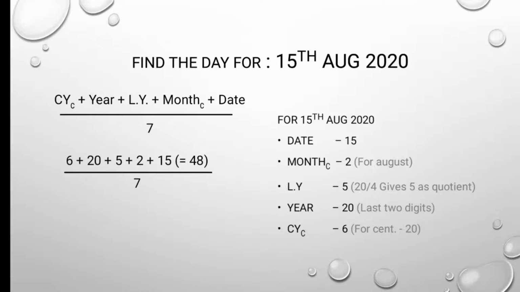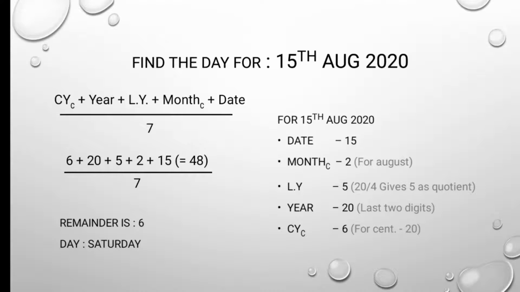Now put all these values in the formula. Here I have the formula. The sum of the numerators is 48. When 48 is divided by 7, you will get the remainder 6. And for 6 we have already discussed, the day was Saturday.